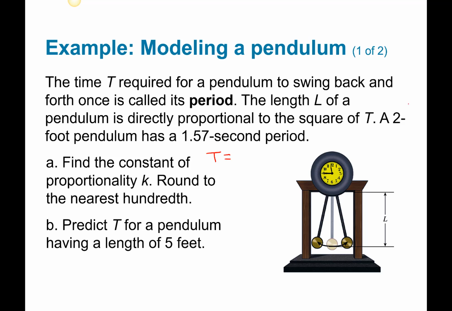Okay, we're given some information here. A 2-foot pendulum takes 1.57 seconds to swing over and back. The question is, first, compute a constant to fill in the equation, and then figure out what you would do with a 5-foot pendulum.